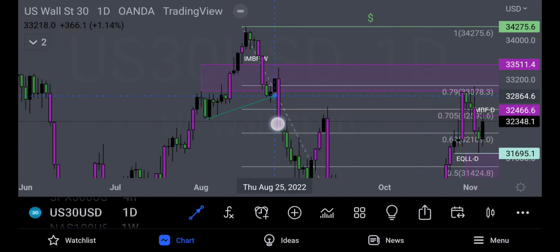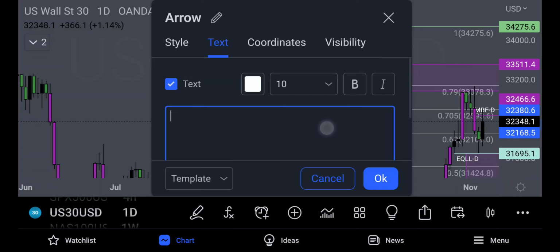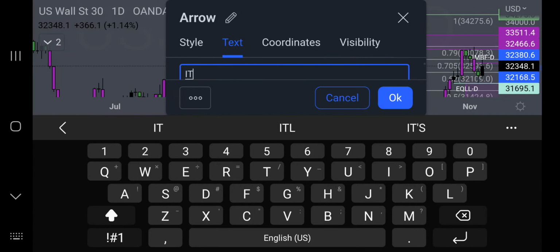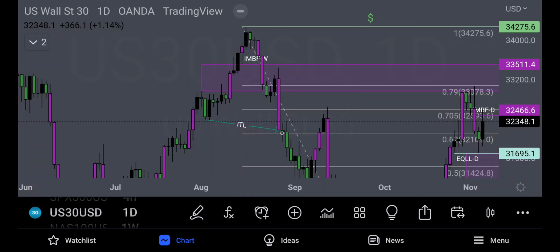Right here on the daily, we had an intermediate low. That was broken right here on the daily.